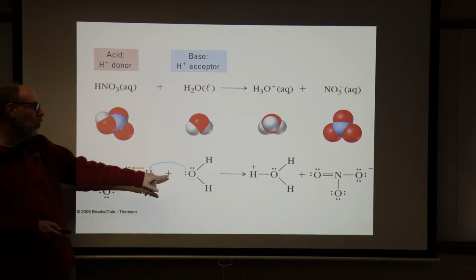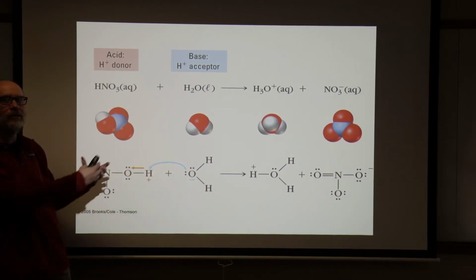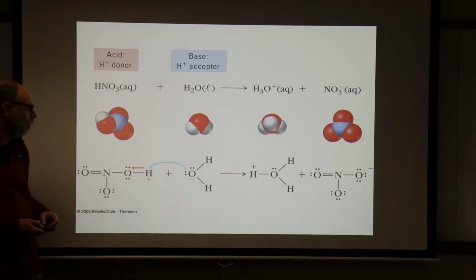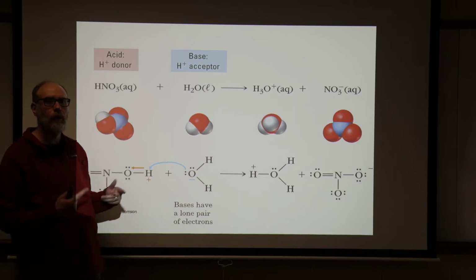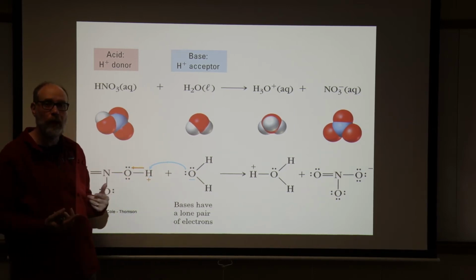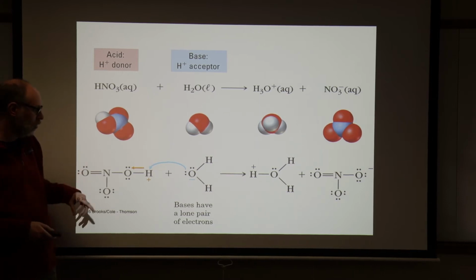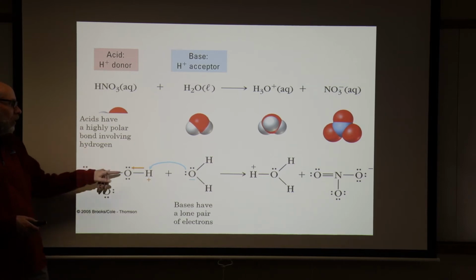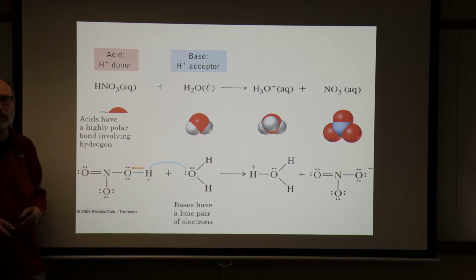The lone pair of this oxygen is going to reach out and take that hydrogen, or that proton, away from the acid. So when we look for bases, normally we're going to look for things that have some lone pairs, because the lone pairs are going to be attractive to those protons that are being given off. And for an acid, we're going to look at something that has a highly polar bond involving hydrogen.